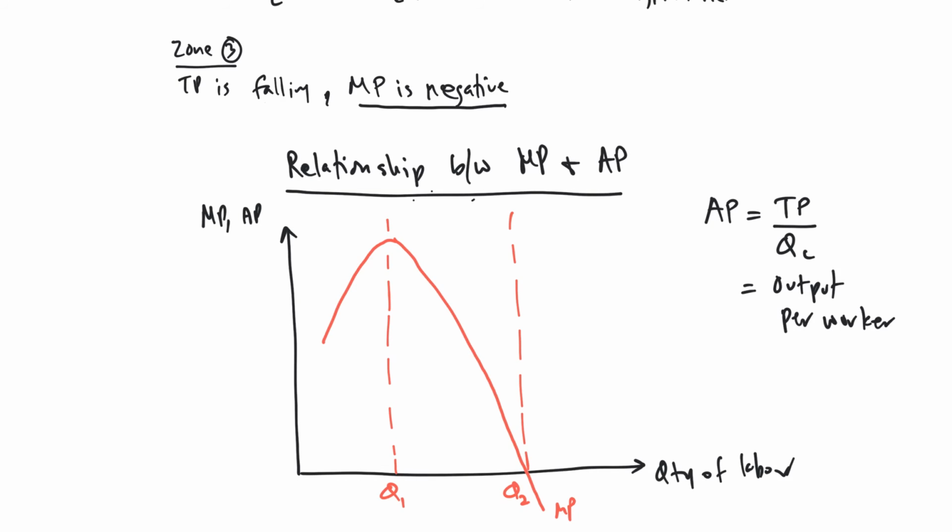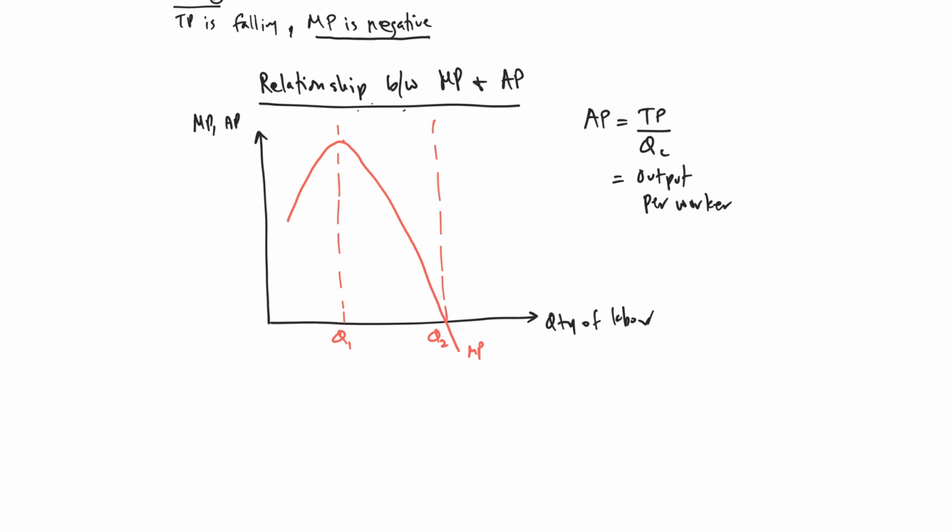AP, or average on the other hand, behaves like this. Initially, and we'll talk about why, initially AP would rise. As soon as it meets MP, AP would start to fall. Okay, so this is the point when AP is maximum. So in other words, MP is greater than AP, AP rises. MP less than AP, AP falls.